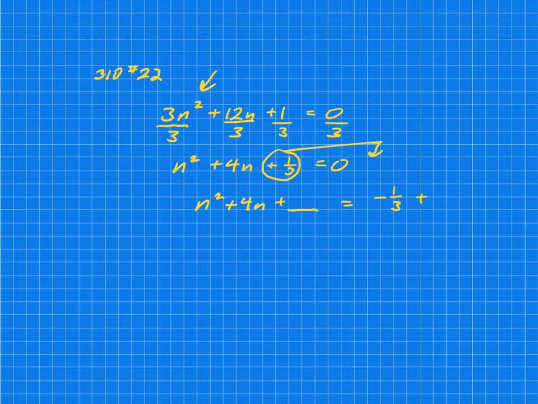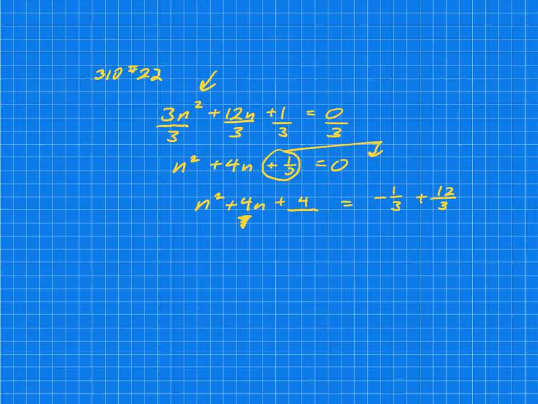What I showed you in the previous example is that I need to take 1/2 of the middle term 4 and then square it. That's going to be 2, which squared is going to be 4. I need to add it to the other side. If you're clever enough to think about writing the 4 with a common denominator of 3, you would write it as 12/3.